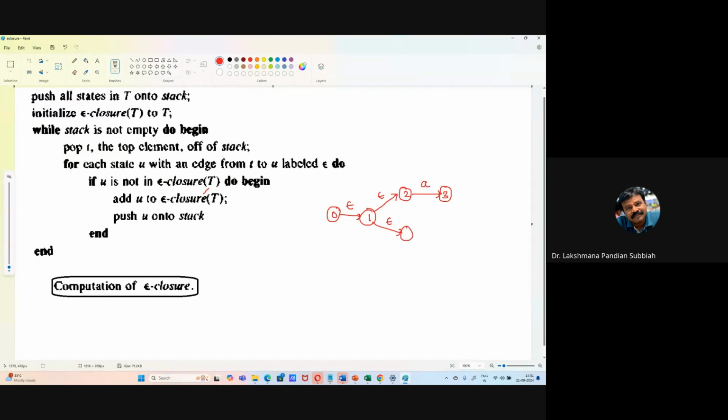In the last class we drew the diagram, so I have directly drawn that one. A, B, and then this is an epsilon edge. We are connecting for A or B, and then we have (A or B) star.